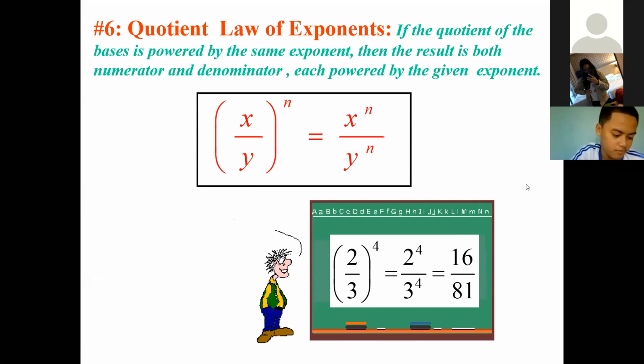So, magiging 2 to the power of 4 over 3 to the power of 4, which is equal to 16/81. But if in case, class, this is divisible by 2, or rather, they do have the same base, pwede natin i-follow muna yung quotient rule bago natin i-distribute yung exponent na 4. Mayroon tayo example mamaya.